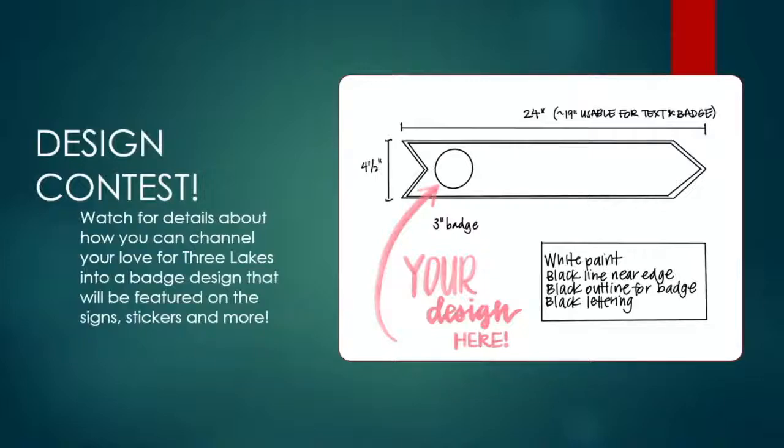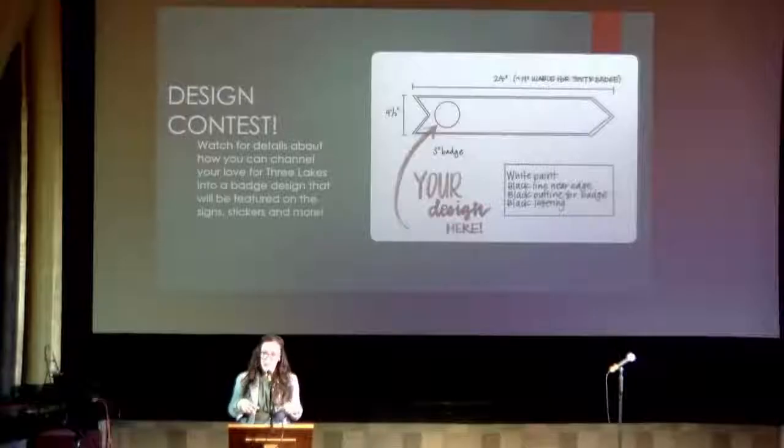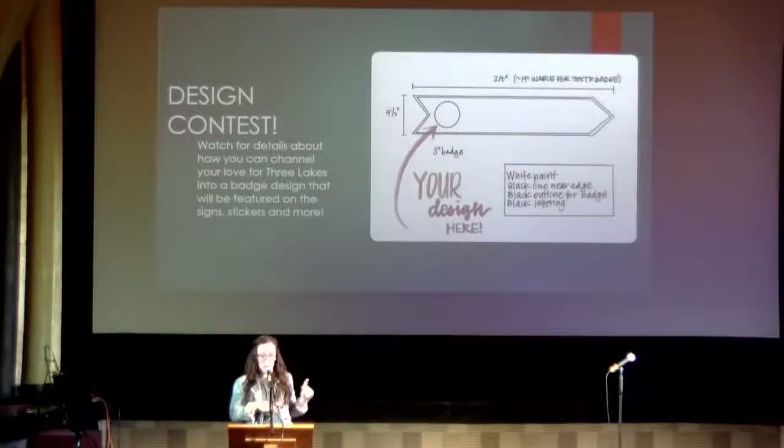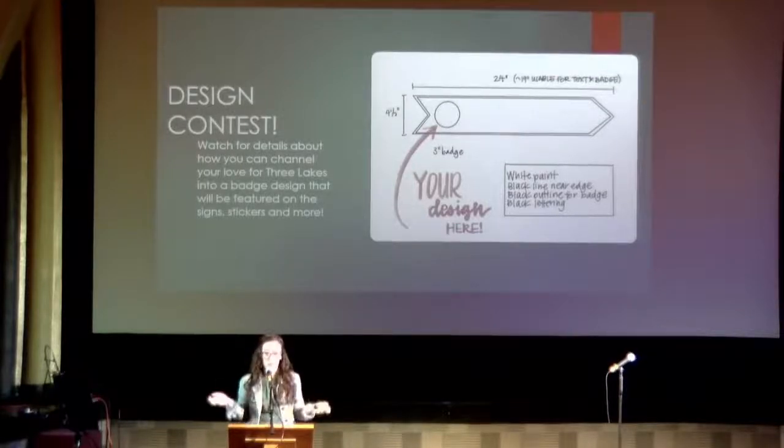It will allow you to turn your love of design, your love of Three Lakes, into a design that can go into a 3-inch circle on those signs, and then will also be developed into stickers and used in other merchandise in the future. So in the next few weeks, if you are interested, watch for another way to get involved and a way to be a part of these signs that will hopefully be in our downtown for generations to come.